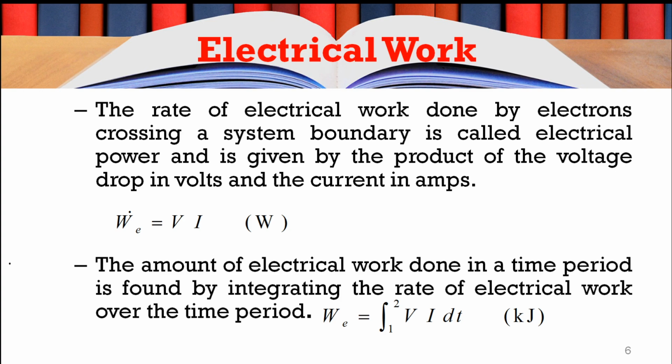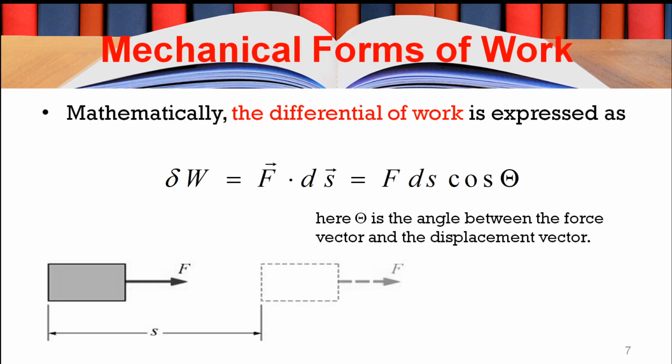Electrical work is the rate of electrical work done by electrons crossing a system boundary, and it is given by the product of voltage and current in watts. Electrical work is given in watts. Voltage multiplied with current. The amount of electrical work done in a time period is found by integrating the rate of electrical work over the given time period dt, t1 to t2.